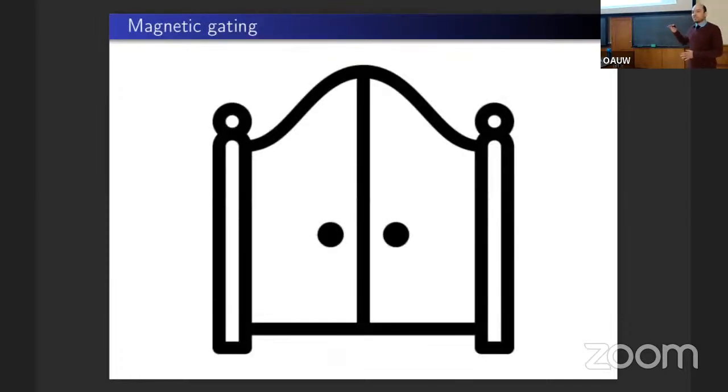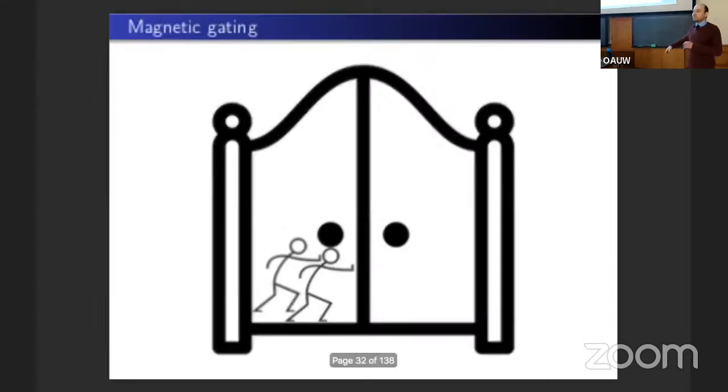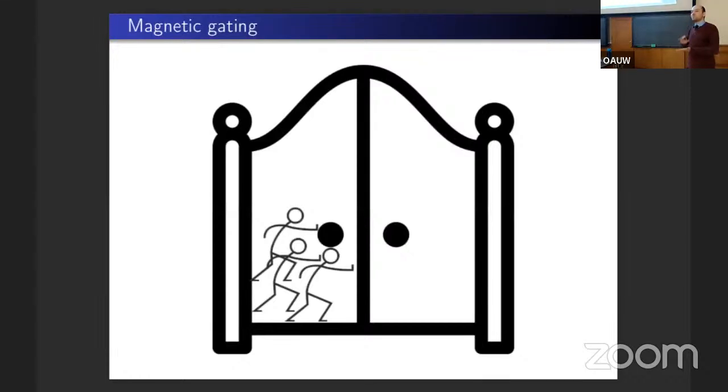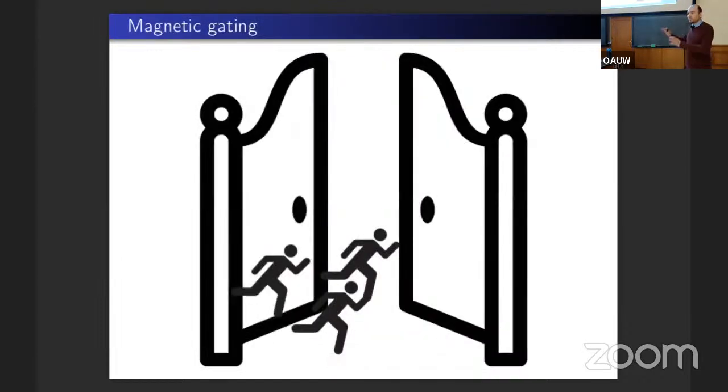So the idea behind magnetic gating is pretty simple to understand. This is a short cartoon illustrating that. We have magnetic field that acts as a gate. It prevents the matter from transferring onto the white dwarf. So the matter builds up even more, and it pushes with more pressure on the magnetosphere until the magnetosphere gives up and lets the mass through.